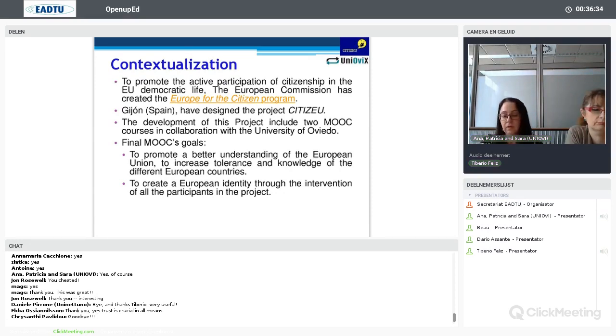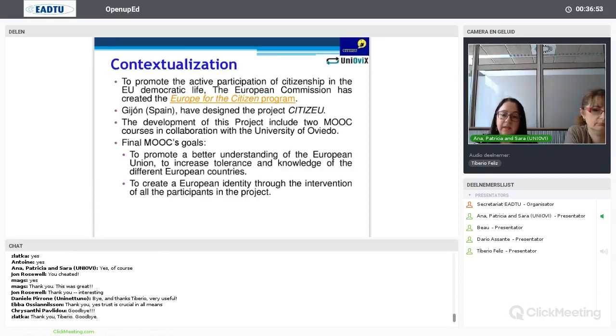The development of the project includes 2 MOOC courses in collaboration with the University of Oviedo, to which we belong. The final goals are to promote a better understanding of the European Union, to increase tolerance and knowledge of the different European countries, and to create a European identity through the intervention of all the participants in the project.